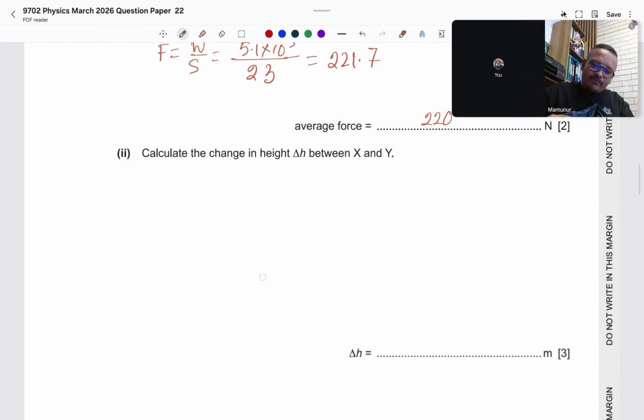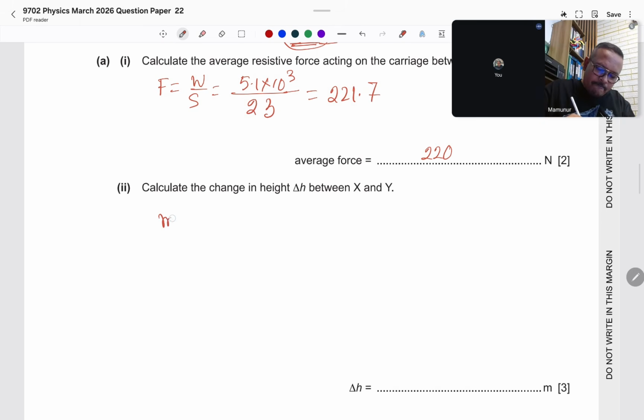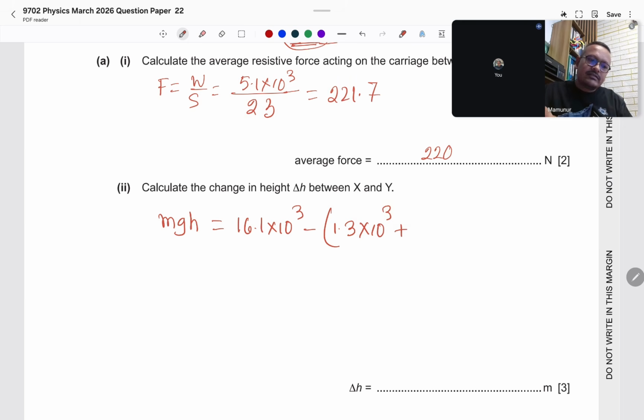So we can write here, mgh equals my initial kinetic energy, 16.1 into 10 to the power 3, minus the remaining kinetic energy, 1.3 into 10 to the power 3, plus my work done lost energy, 5.1 into 10 to the power 3.